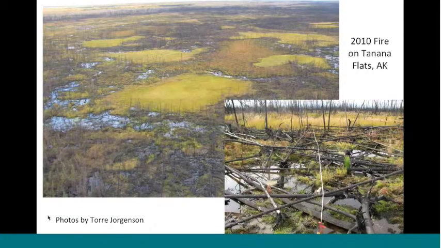And then just one other example where I think ABoVE will really take things forward is in terms of fire disturbance and how that influences permafrost thaw and mobilizes ancient carbon that's been stored in permafrost for thousands of years. So these are just a couple of photos that Torre Jorgenson provided me showing post-fire effects on surface hydrology from permafrost thawing as the vegetation is burned off.